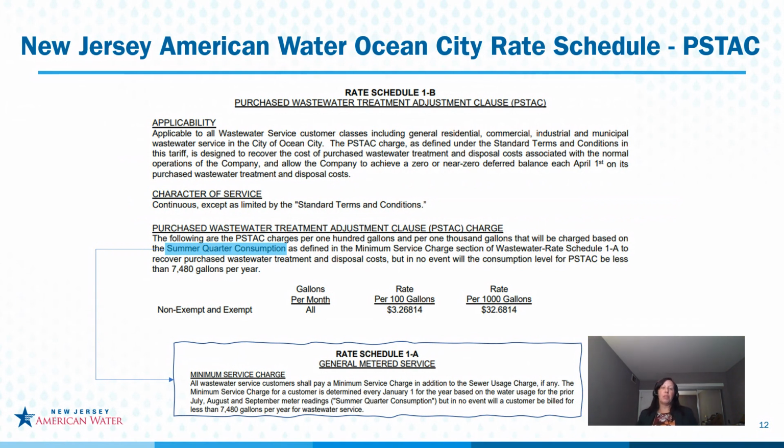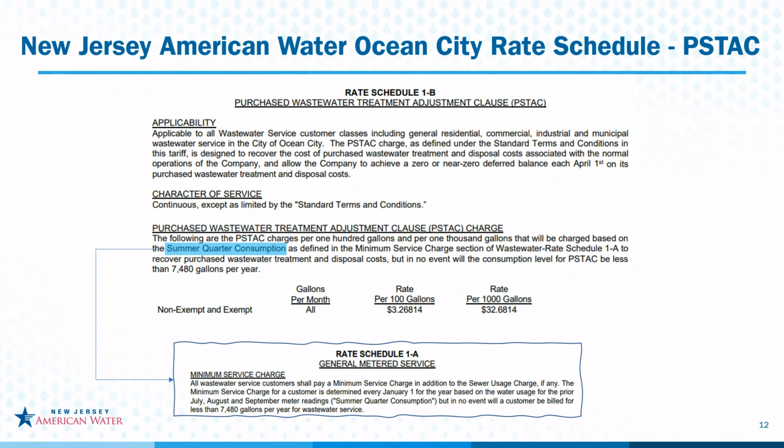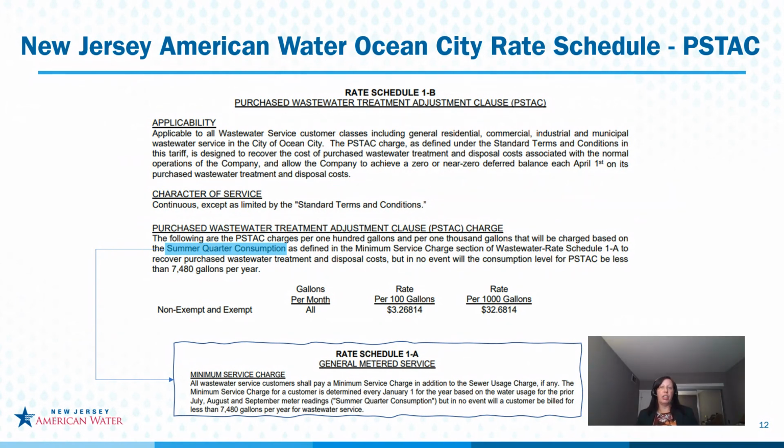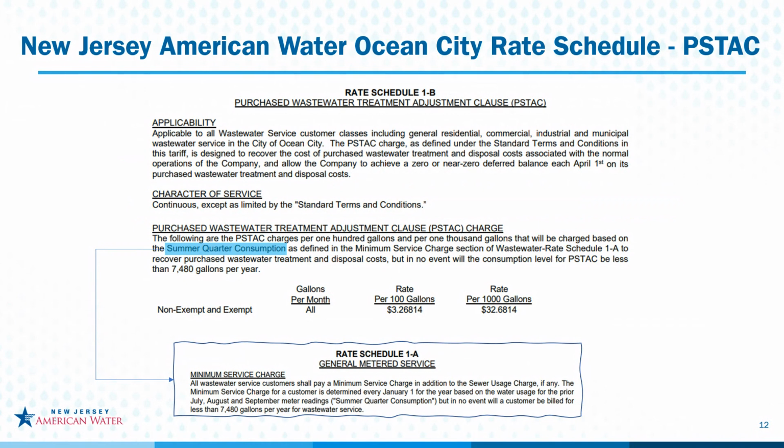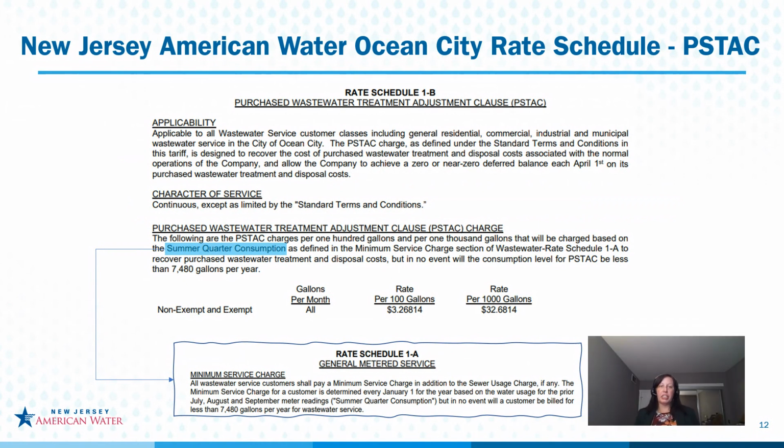in 1A. Now 1A pertains to the wastewater service charge, and that's what's displayed in the box below, and it is defined as the water usage for the prior July, August, and September meter readings, but in no event less than 7,480 gallons per year. There is a minimum.